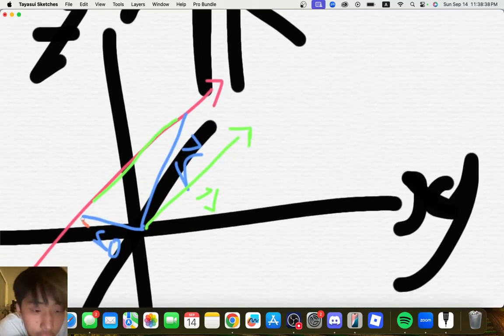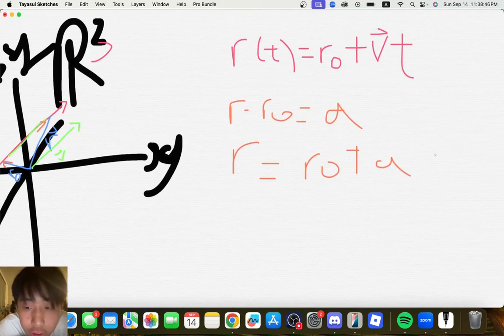You can see that this vector goes here, this vector goes here, so adding it from here to here would bring you to R. That's why this is true.